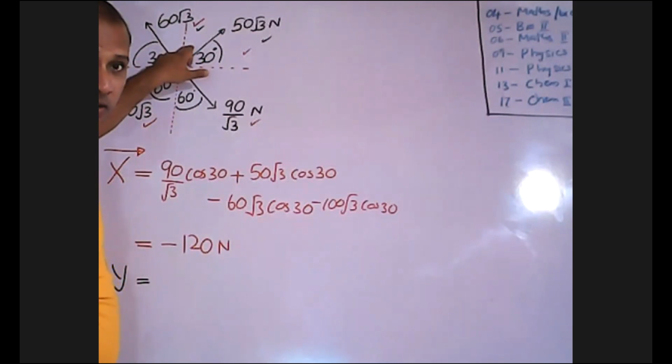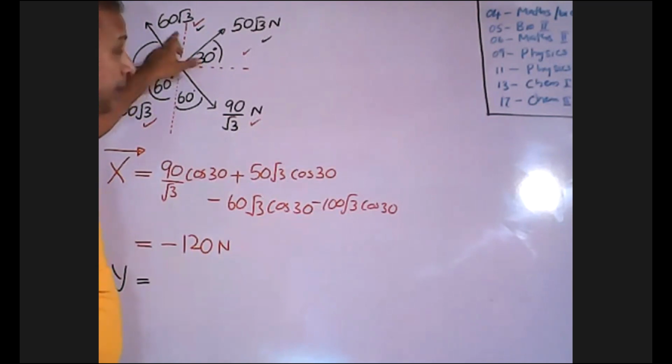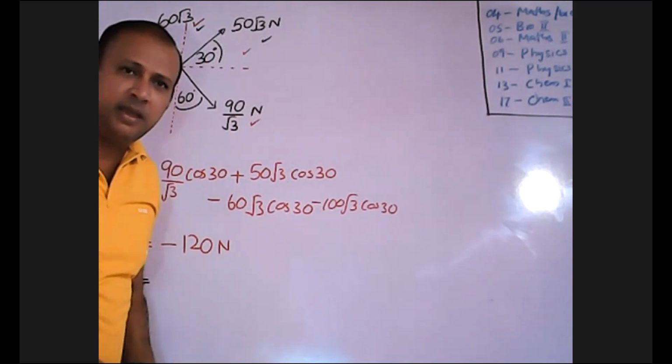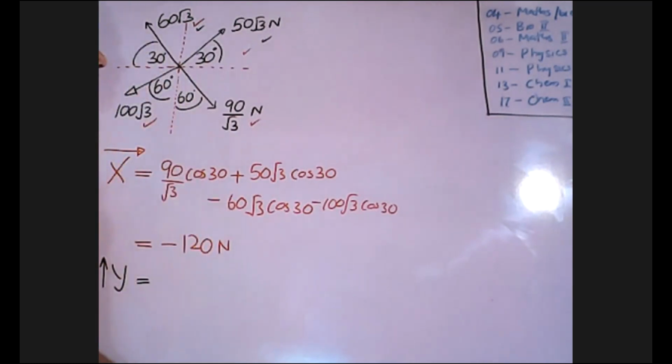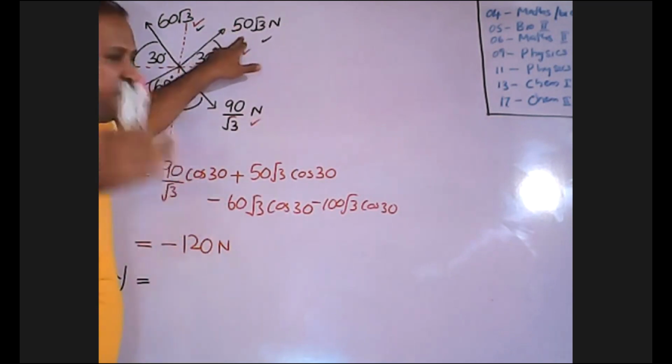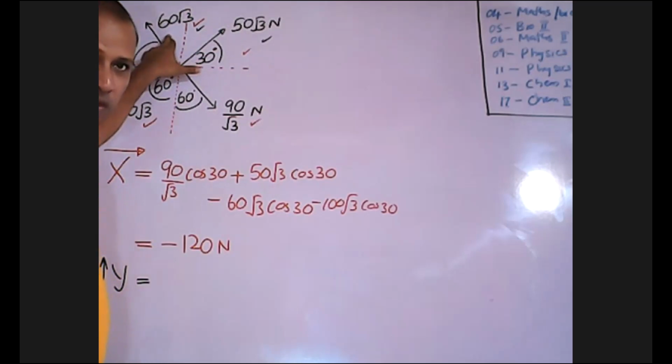Both angles are equal, which is cos 60. Therefore, I can add these two. Getting convenient, short methods. You can write 50 root 3 cos 60 plus 60 root 3 cos 60.